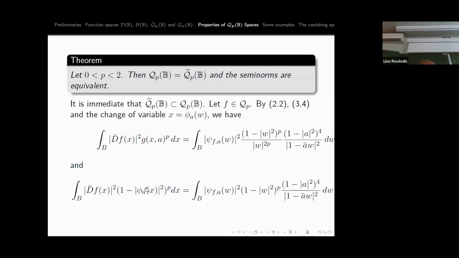Again we use this change of variable, and then it's possible to write the expression in this form. Here you can see the main difference between both expressions. This expression doesn't have singularities, but here we have a singularity at the point 0. Then it's necessary to compare these two expressions.